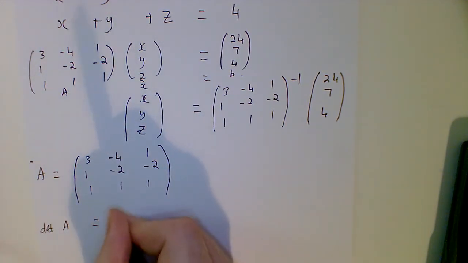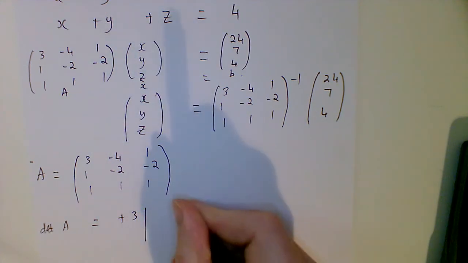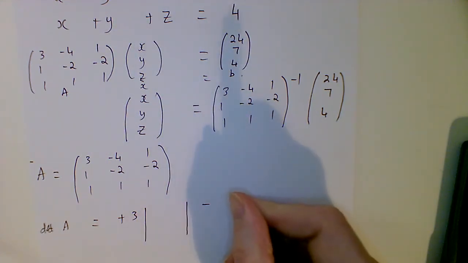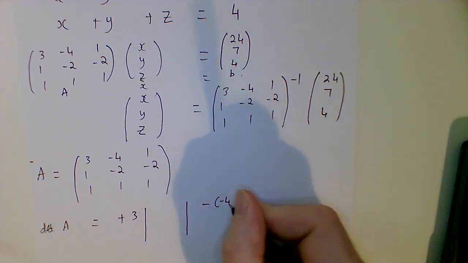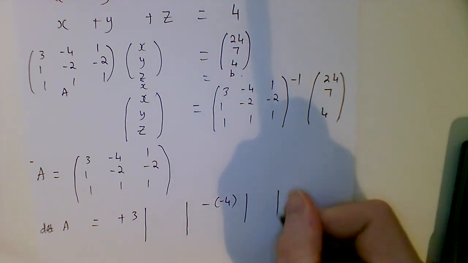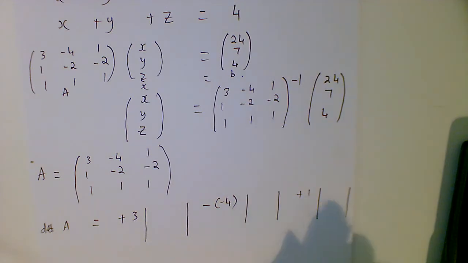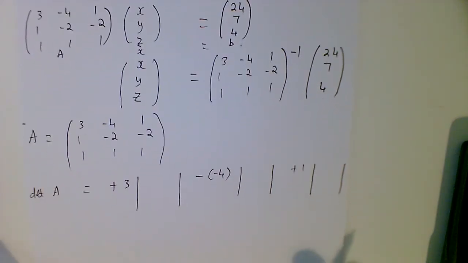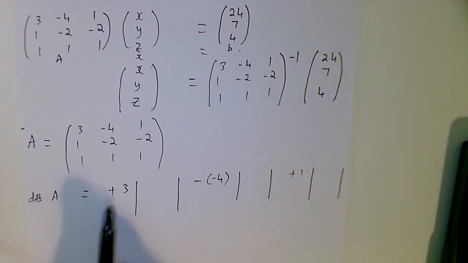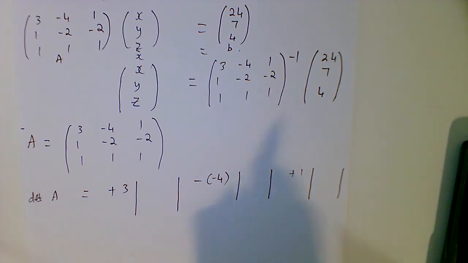So, let's expand on the top line. So remember, always goes plus, negative, plus, because of our matrix of signs that we're expanding along.